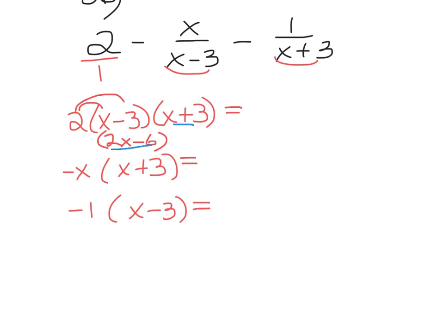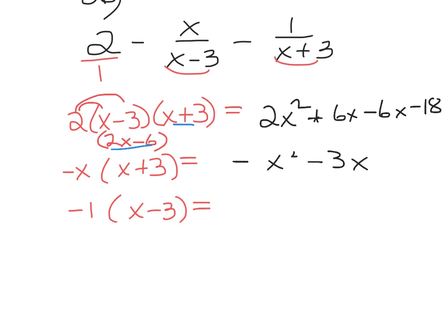So this is going to create my new numerator. So 2x squared, and then outside is going to give me plus 6x. Inside is going to give me minus 6x, and last will give me 18. For this one, it'll become negative x squared minus 3x.